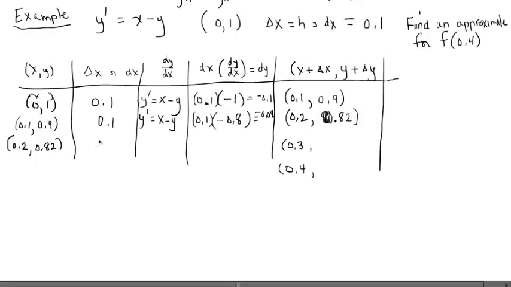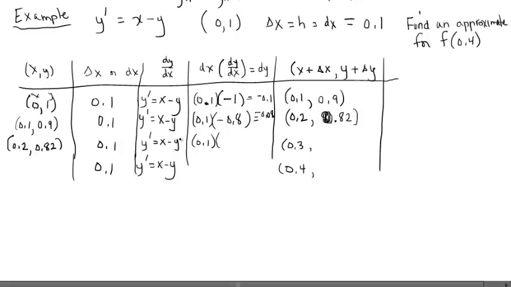Because I see I need to do a few more iterations, I'm going to bring this down, and I'll bring this column down too. Change in x times the slope gives me the change in y. So times 0.2 minus, because that's what the derivative is.